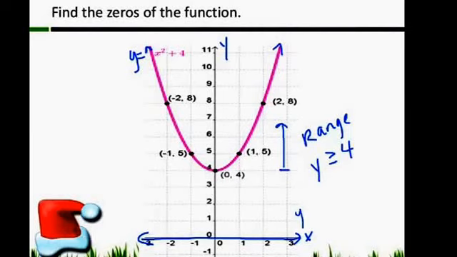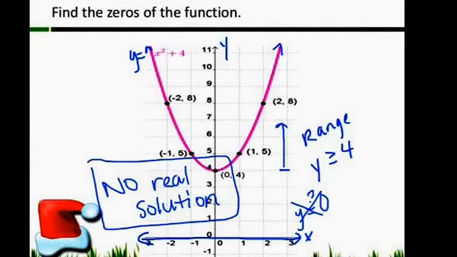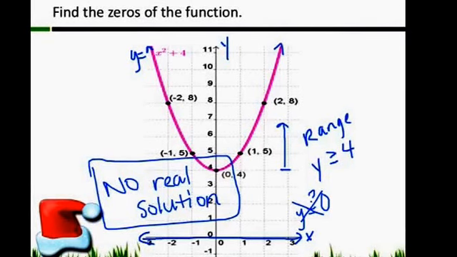So will y ever be 0? No. So do I have any solutions for this quadratic equation? No, there's no real solution. We talked about last week how there are imaginary numbers. Well, for this graph, there are imaginary solutions. There are no real solutions, though. So whenever it does not cross the x-axis, we have no real solutions.